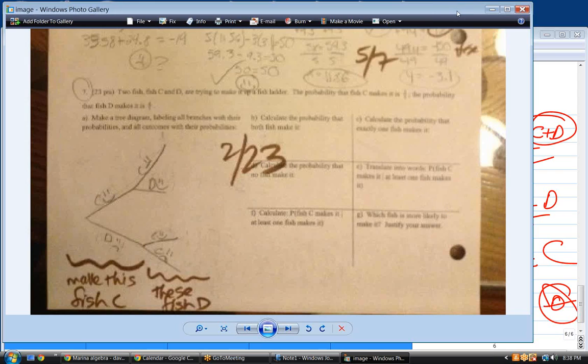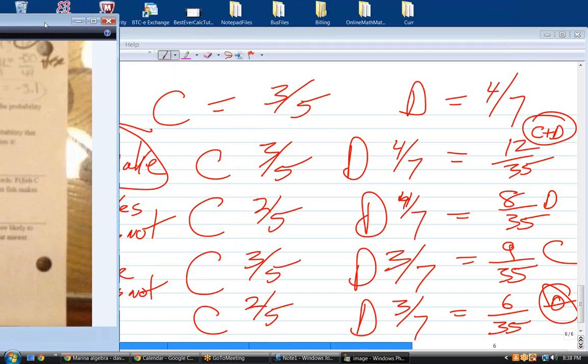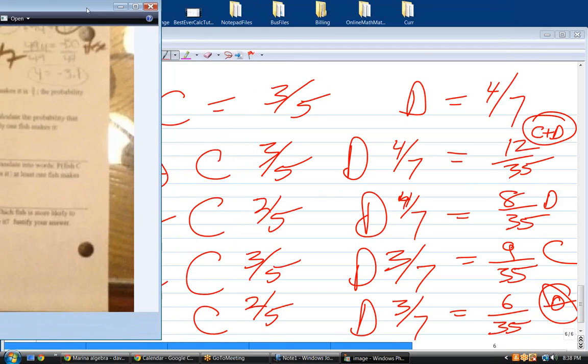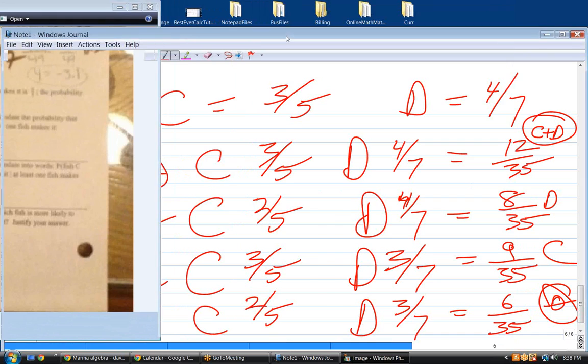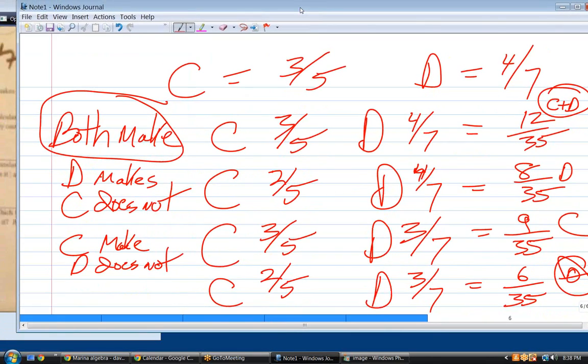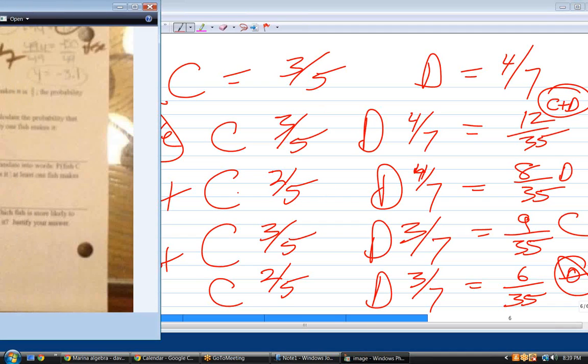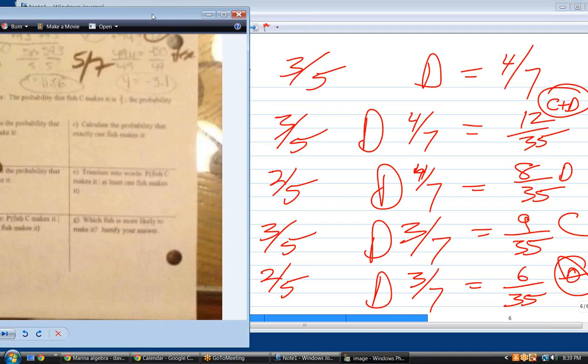So you would have to add fish C and the probability of any other fish making it all together, and then that would be your answer. So the probability of fish C making it, given that one fish makes it, correct? Is that what that question says?